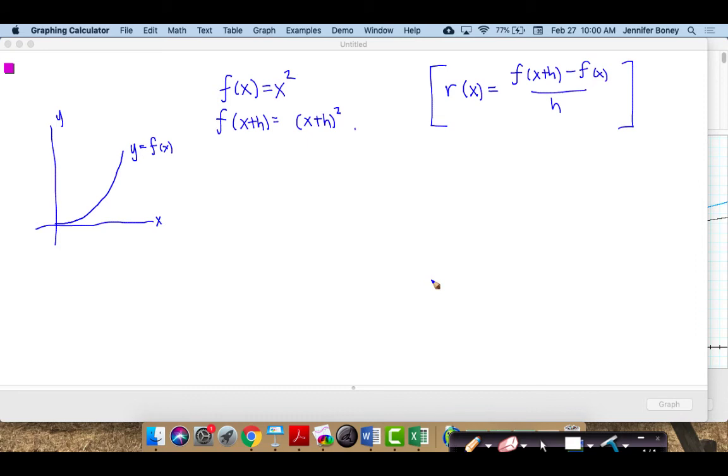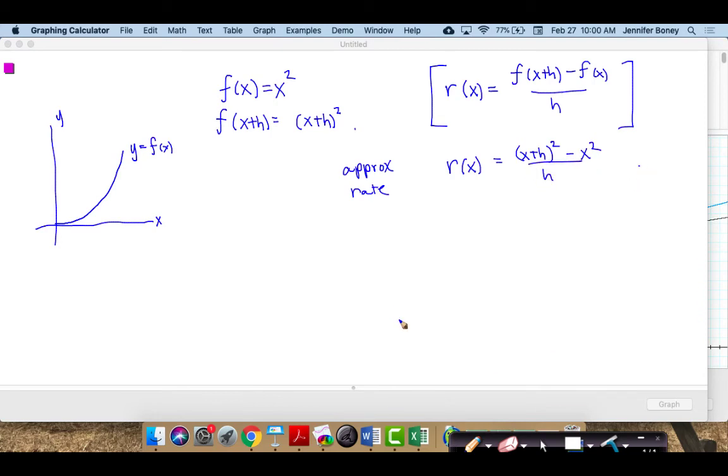That's what that literally means. If I have a formula, a function rule for f of x, then I can write out a function rule for f of x plus h also. And so this approximate rate function, which visually is the approximate steepness, or the slope of this curve at various points, could be defined by x plus h squared, f of x plus h that is, minus x squared, all over h.